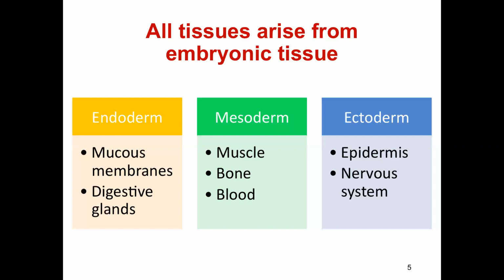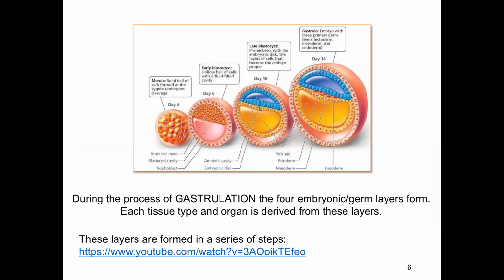So all of those tissues are derived from these 3 germ layers. And we don't automatically have those 3 germ layers. There's a certain program of development that takes place from your single cell up until this stage called gastrulation.